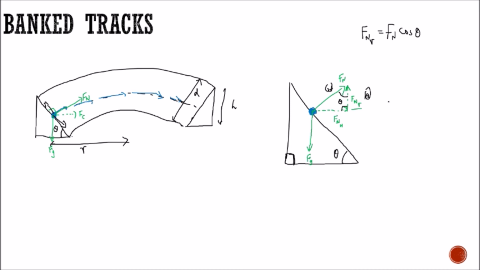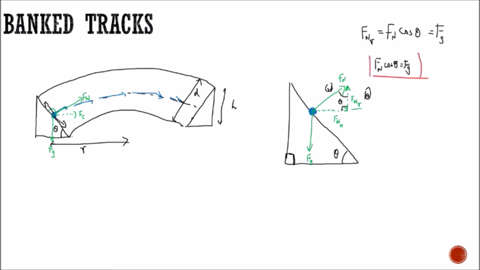You can do the relevant trig, and this here must be equal to Fg. So I know that Fn cosine theta equals Fg. Alright, wonderful. Let me just put that in red, perhaps, just to highlight its importance.